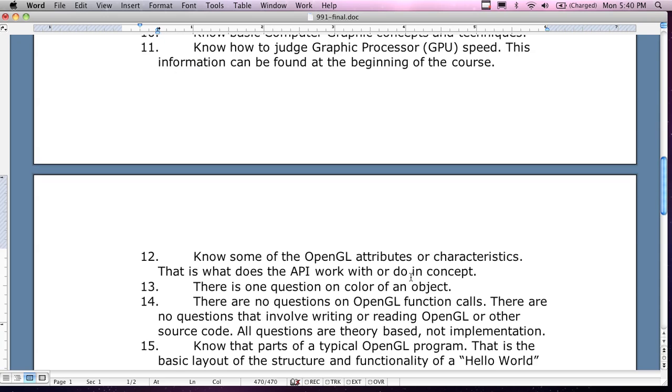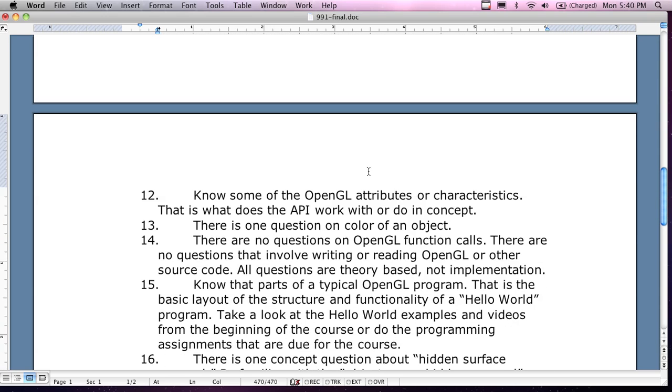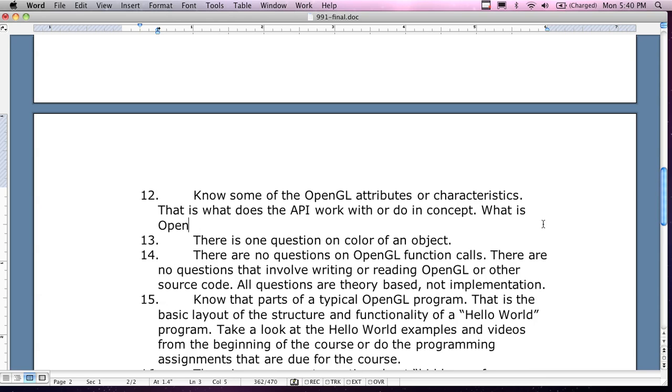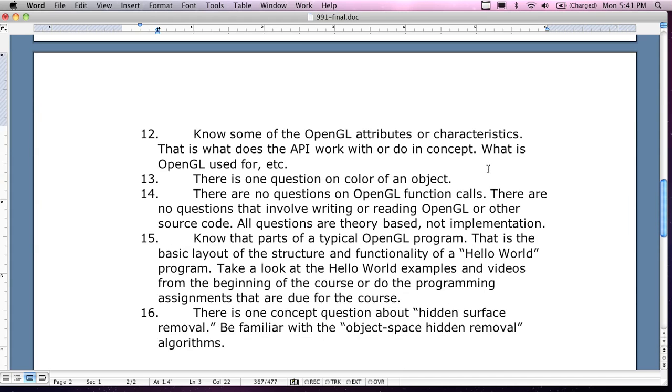We covered a lot of OpenGL in the course, so know some of the OpenGL attributes and characteristics, and what the API works with or does in concept. What is OpenGL used for, etc., which is what that question is.